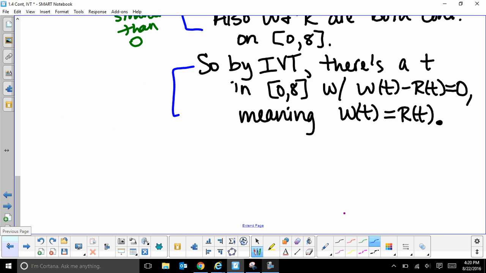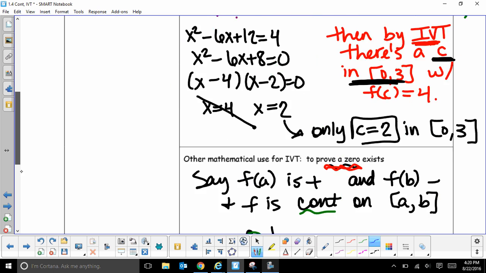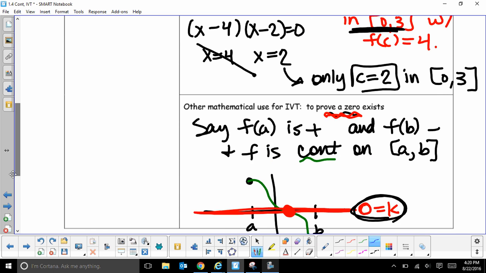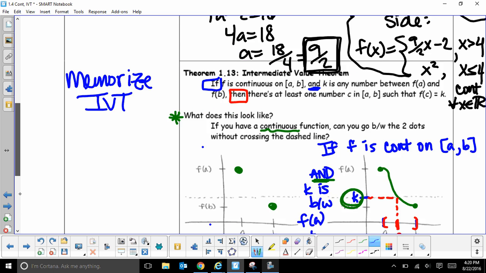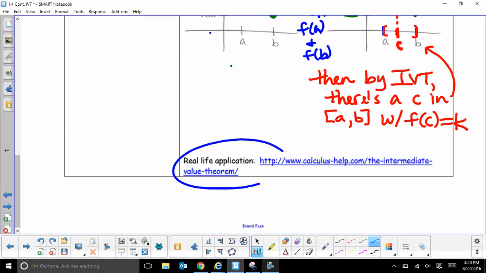Okay, real life examples. I would really encourage you to click on the link that was a couple pages back and watch it. It gives you a real life example of something called the FAT project. They did an experiment, they ate fast food every day, and then they charted their weight. And it explains to you the IVT in that context, which is really nice.